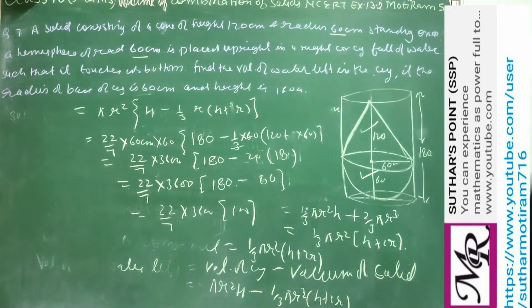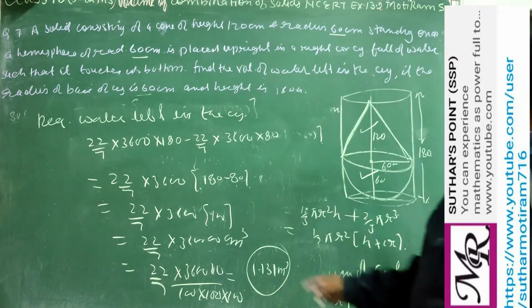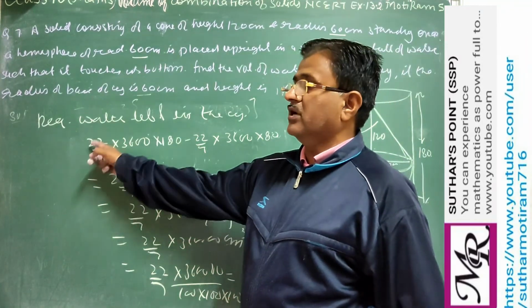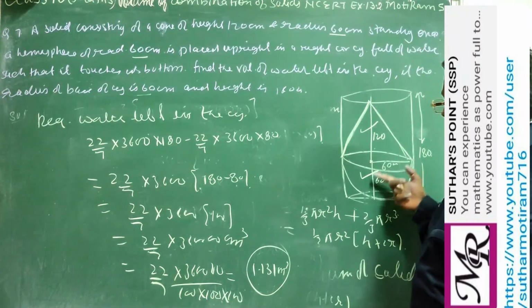So multiply this. So dear student, in the final calculation we get the water left in the cylinder, that is the volume of the bigger cylinder minus the volume of the solid. Solid means the volume of cone plus hemisphere.